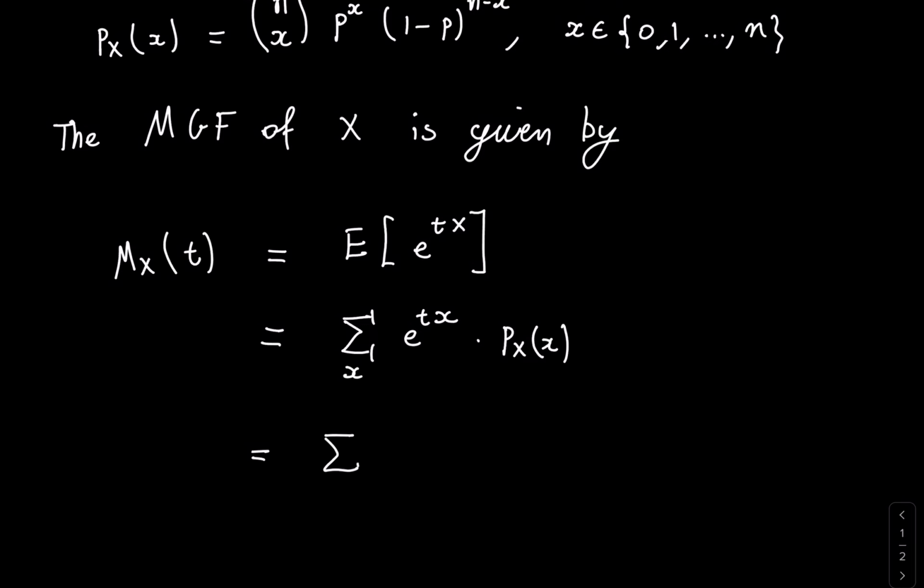So we can rewrite this summation as x equals 0 all the way to n. We've still got our e to the tx here, and then we multiply by the expression above for the probability mass function, n choose x, p to the power of x, 1 minus p to the power of n minus x.